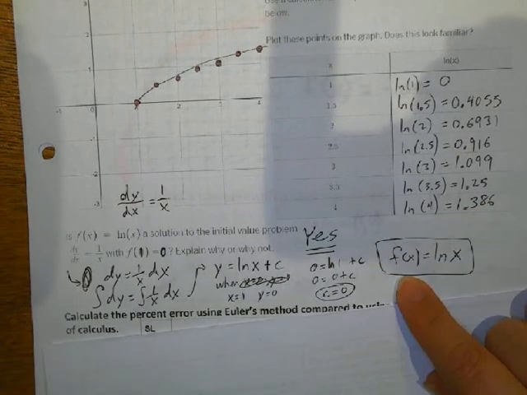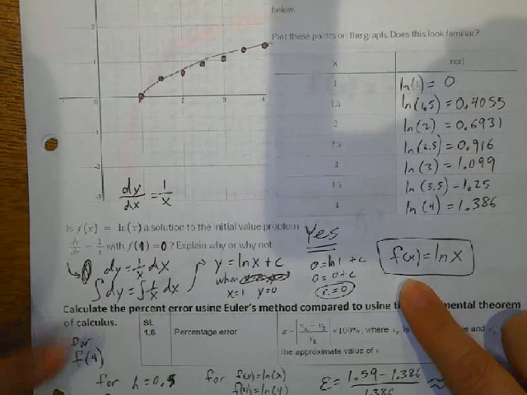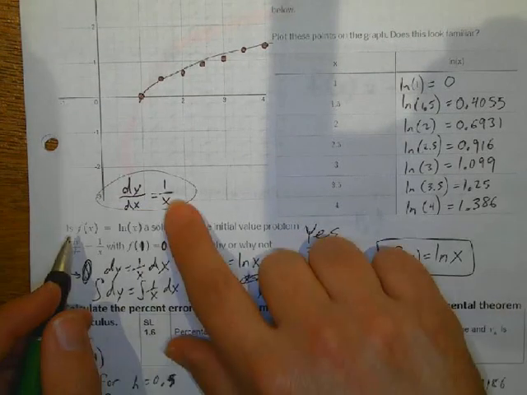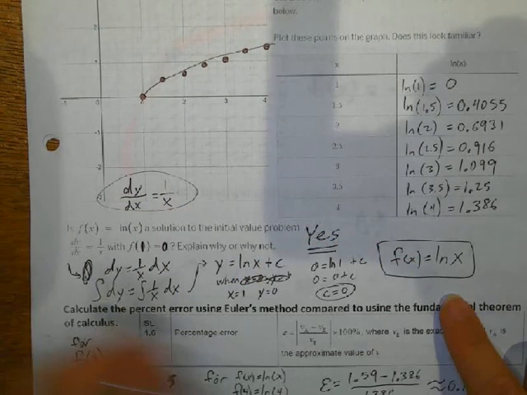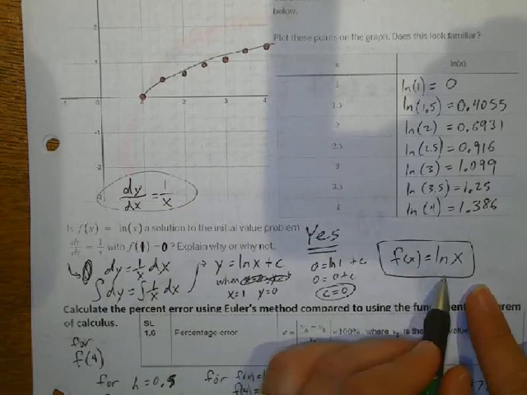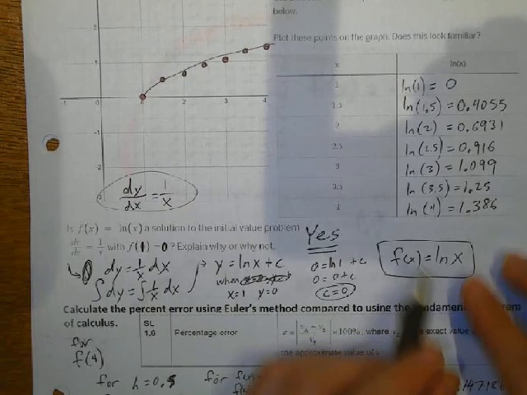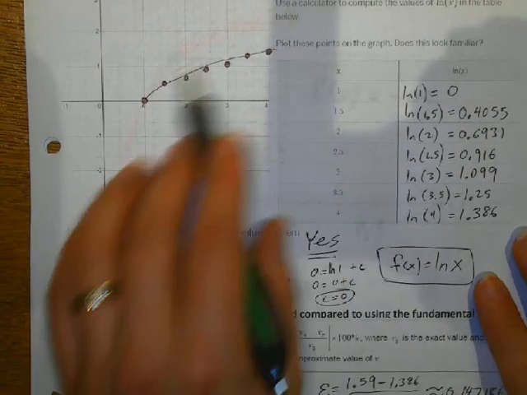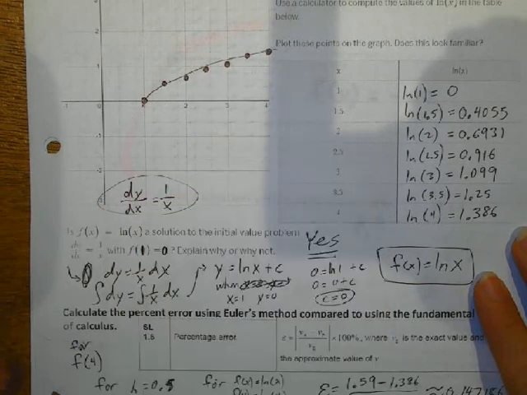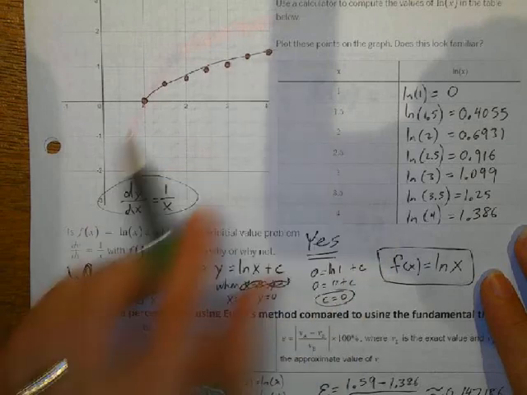So if my slope is 1 over x, then my original function is natural log of x. If I plot these points here, this is the actual answer using the fundamental theorem of calculus.